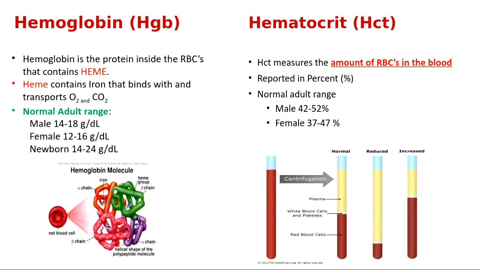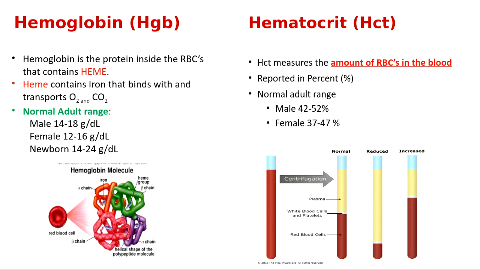So how can we figure out how much hemoglobin we have? The instrument, part of the CBC, will tell us the amount of hemoglobin, and we also have the hematocrit. If you haven't done a hematocrit yet, I'm pretty sure you will, especially if you are in the medical assisting program, because this is very common.